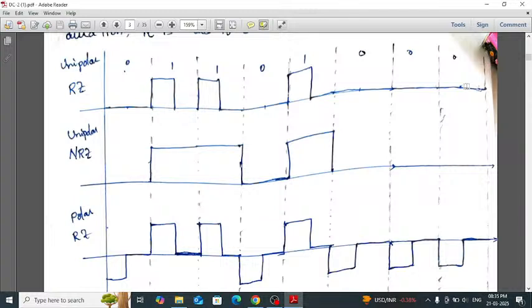Take these examples, just up to here: unipolar return to 0 and unipolar non-return to 0. Don't take this one.